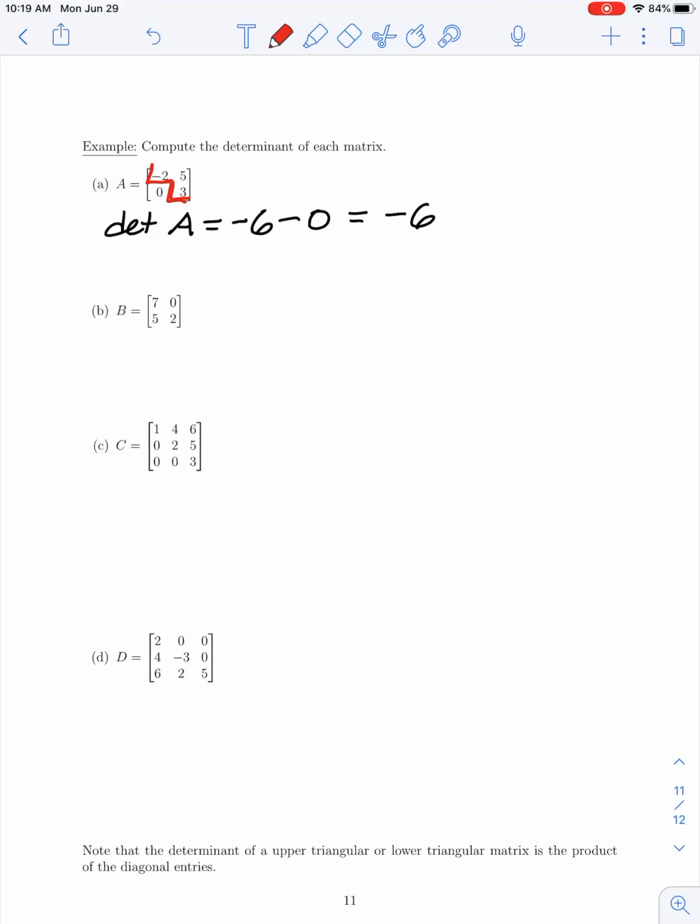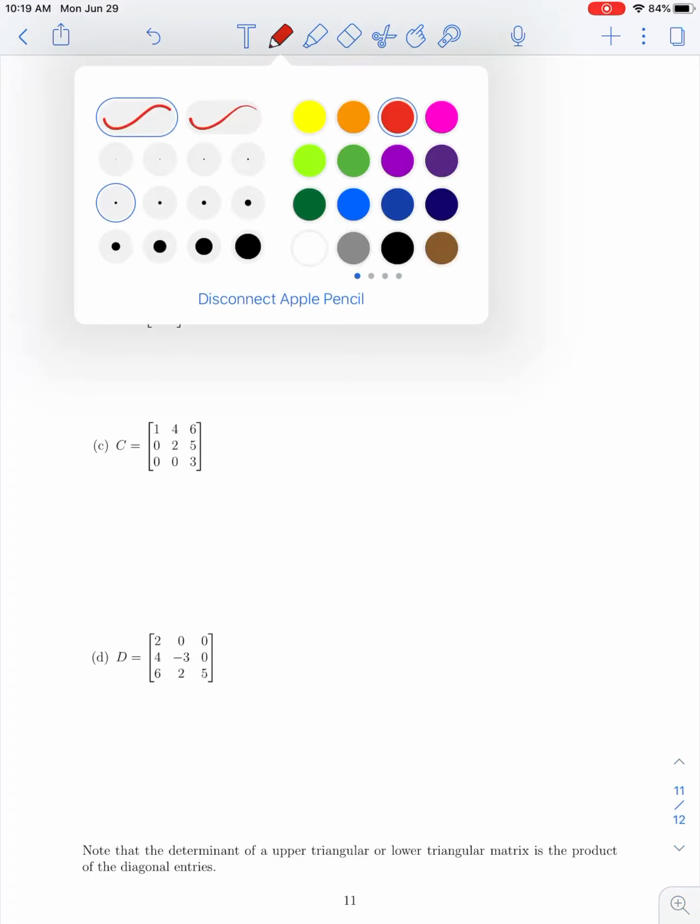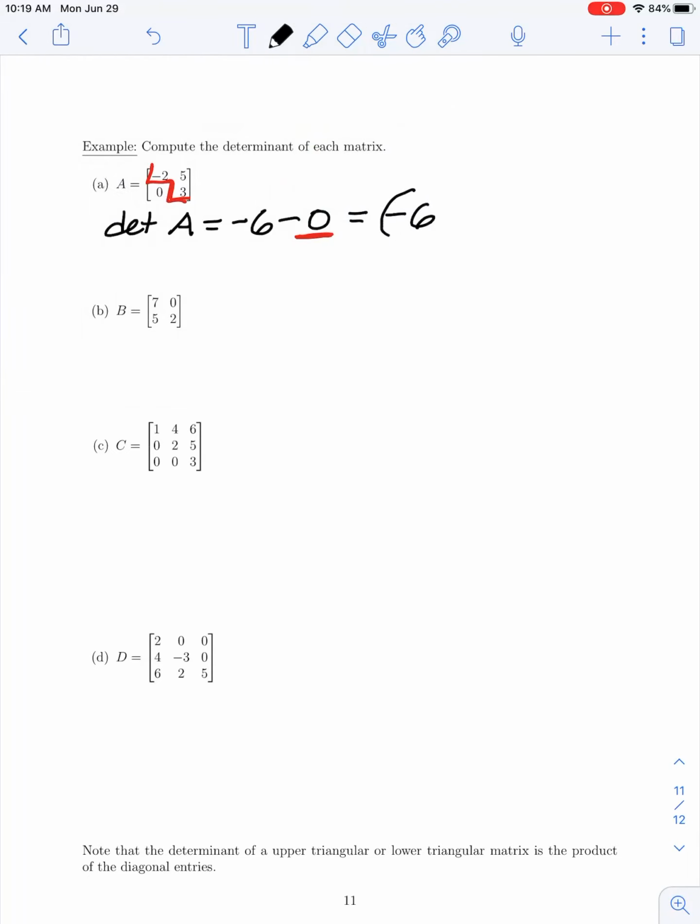So when I took the product of those off-diagonal terms, since one of them was 0, I have a 0 value for that product, which means that my determinant was just the product of the entries along that diagonal, that is -2 and +3.